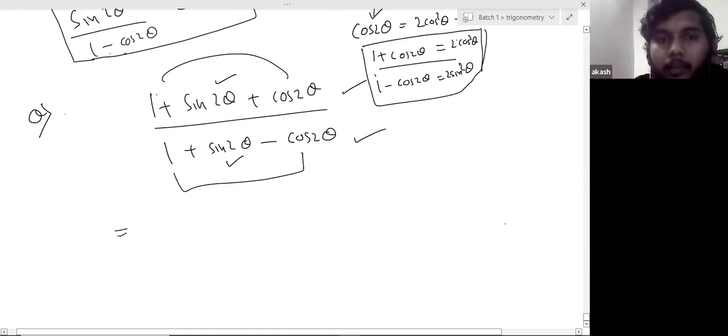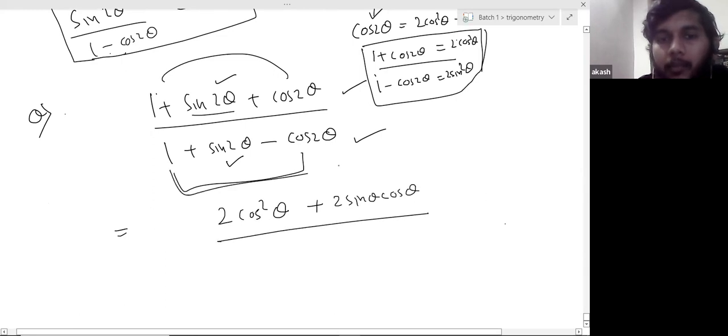So here, 1 plus cos 2 theta is 2 cos square theta, and plus sin 2 theta we can write 2 sin theta cos theta. In the denominator, 1 minus cos 2 theta is 2 sin square theta plus 2 sin theta cos theta.